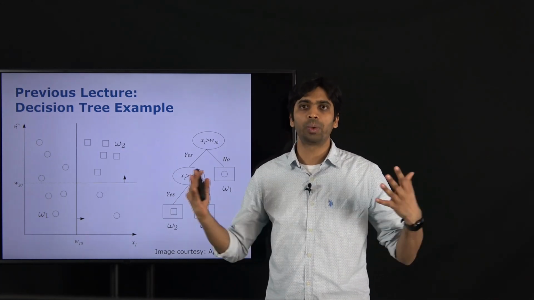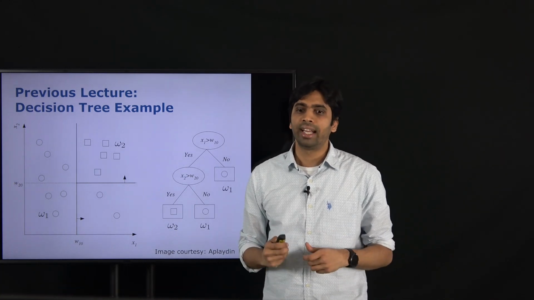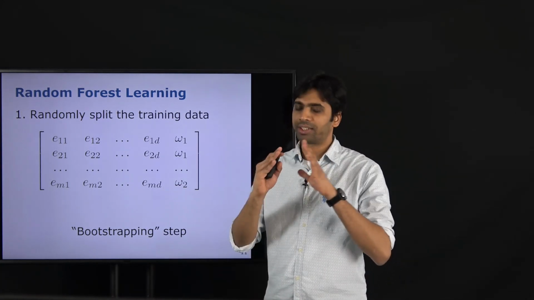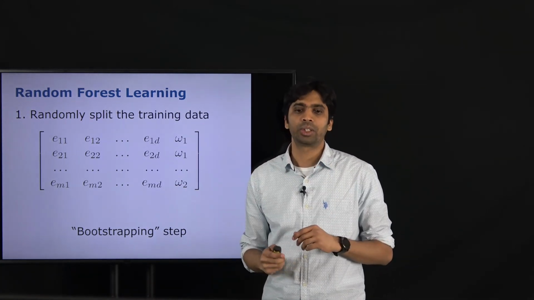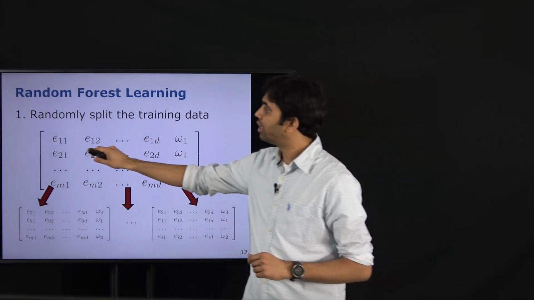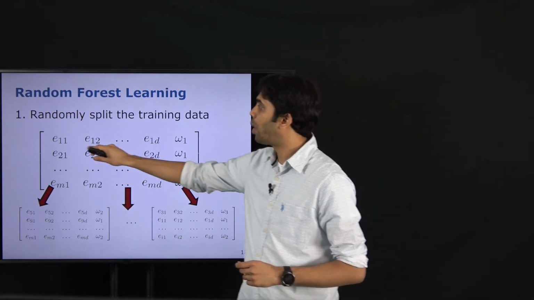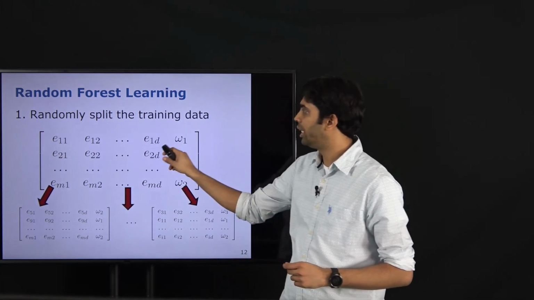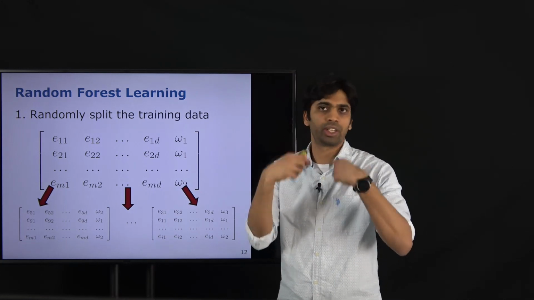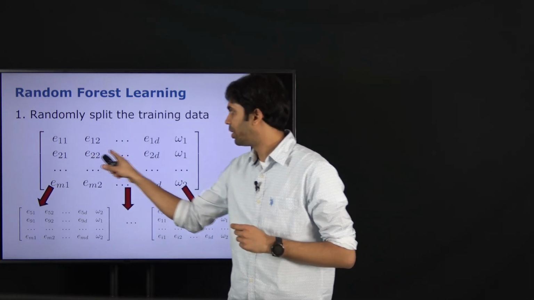Now the question is, how do I combine many different trees, or how does this bagging approach work? Essentially what we do is we randomly split the training data. We take this big training data set, where each row of this matrix is one training example. So this E11 to E1D is nothing but this vector E, which describes your input image or input data, and omega 1 is the training label corresponding to that particular vector.